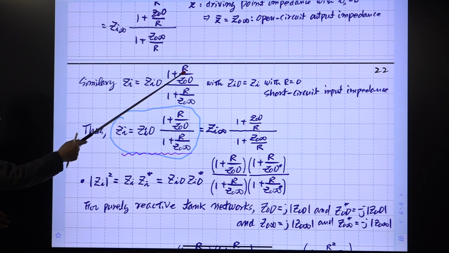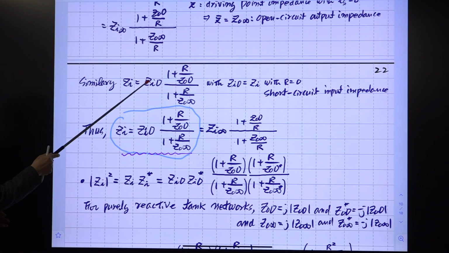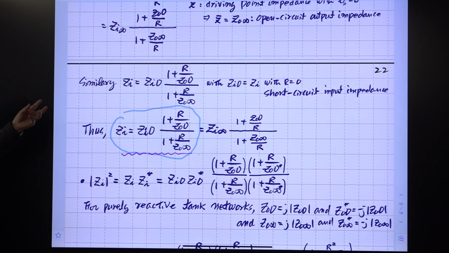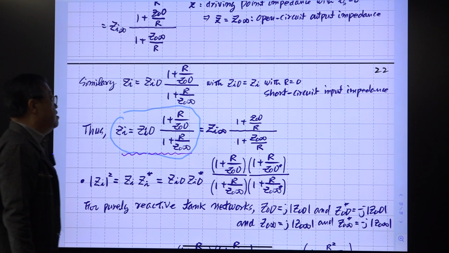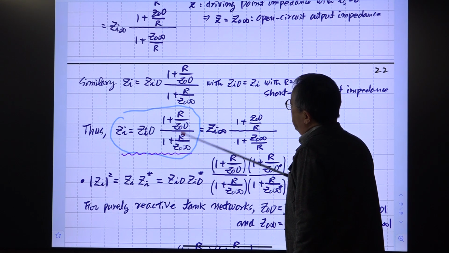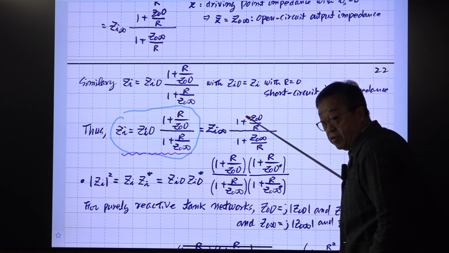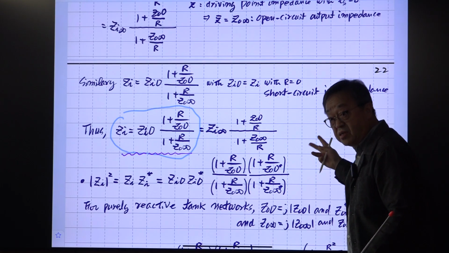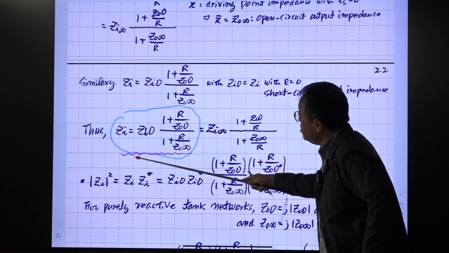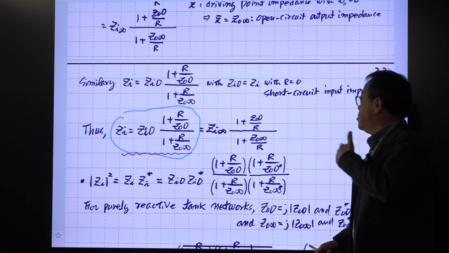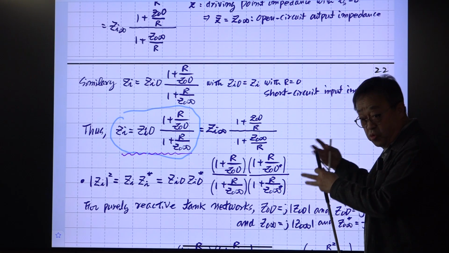When R is 0, this GI is the same as GI0. Previously, if R is infinity, GI is the same as GI infinity. It makes sense. GI can be expressed in either manner. Later on, we'll use this equation to prove something else. Now we are using this one to derive the condition to prove theorem 1.